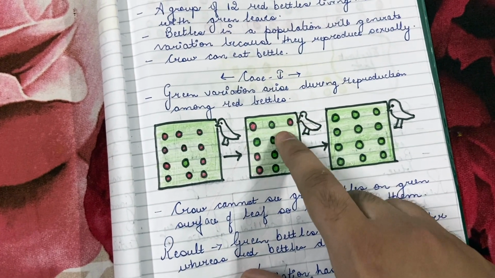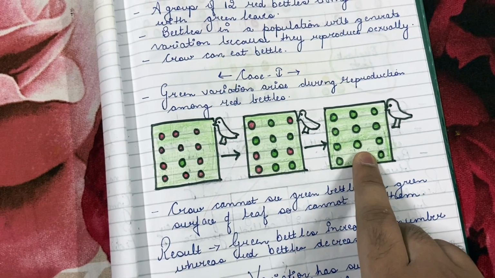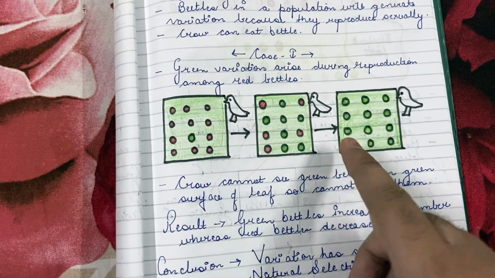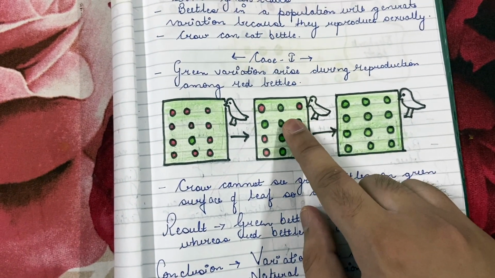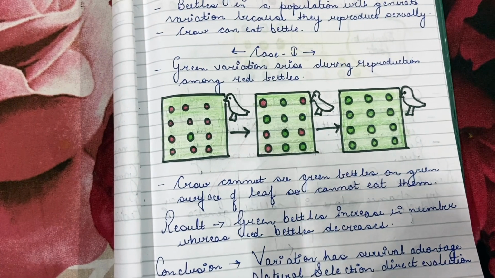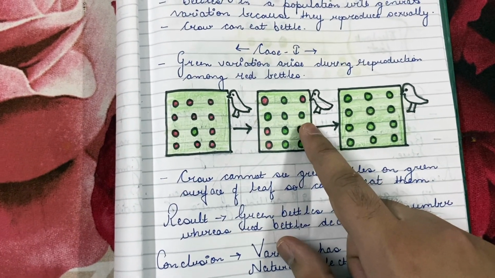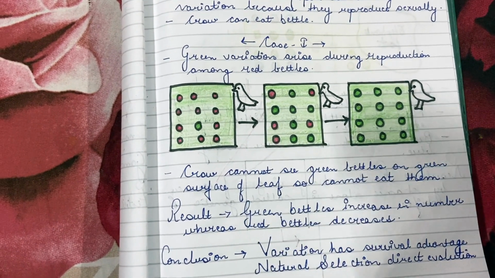Eventually, all the red beetles would die because the crow will eat them, and only the green beetles survive. So what does this prove? This proves that variation has survival advantage, and this variation is an example of natural selection. Natural selection means that nature selects only fit individuals or individuals with good variation.